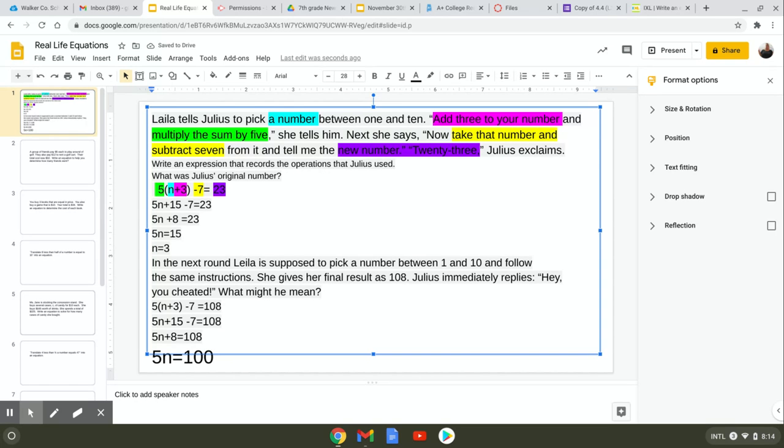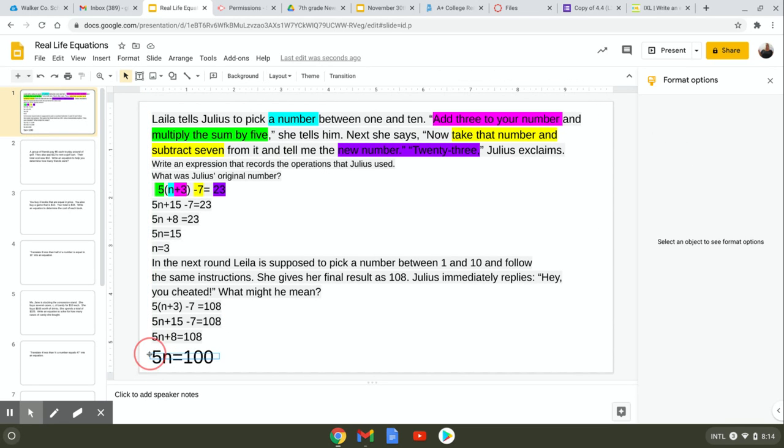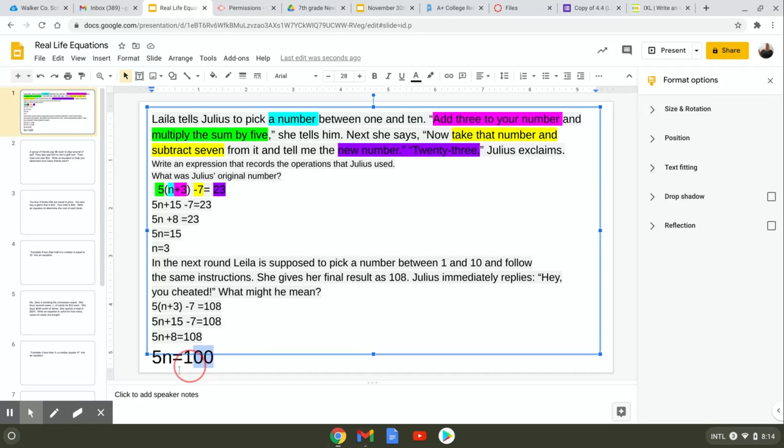Then when you divided both sides by 5, you would have gotten, let me make this smaller, you would have gotten that n equals 20.